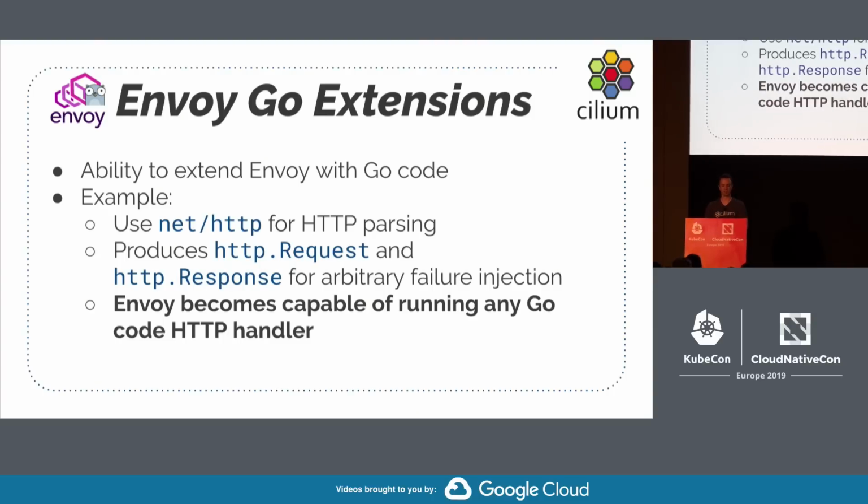The next piece we need is Envoy Go extensions, because we don't actually want to change Envoy C++ code. Envoy does have fault injection built in. What we want to do is extend that a bit and get to the next point. Why this is important is because we want to eventually get to the point where we can not just simulate a generic service failure, but actually simulate an application-specific service failure.